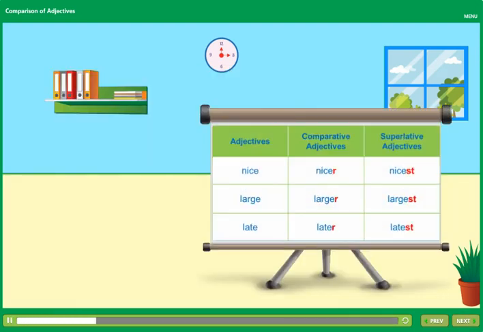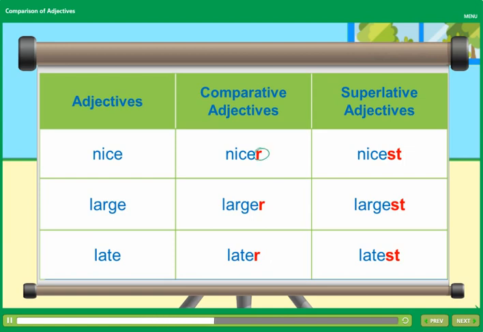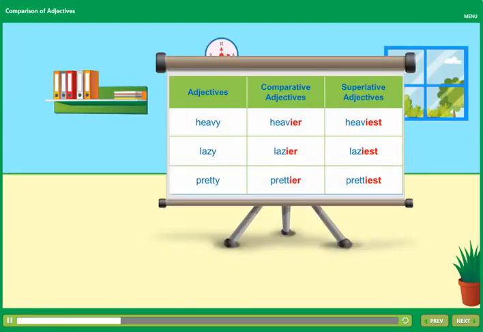For words that end with a silent E, we just add R and ST because the E is already there. For adjectives that end with Y, we remove the Y and add IER and IEST.